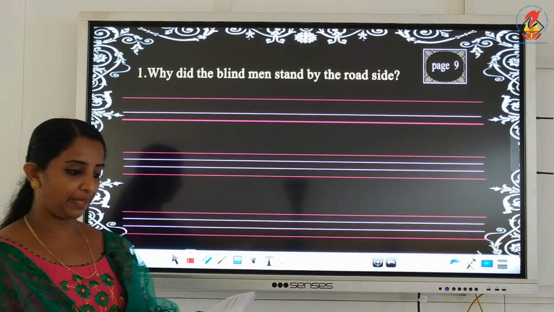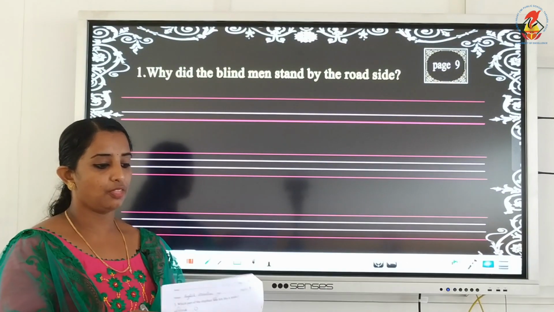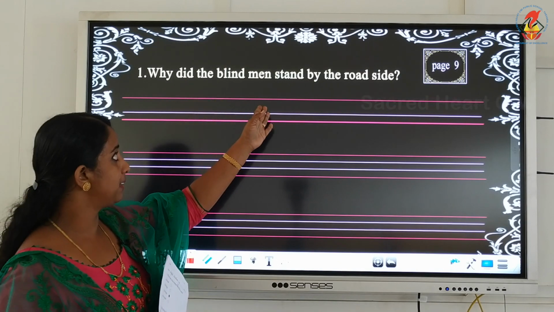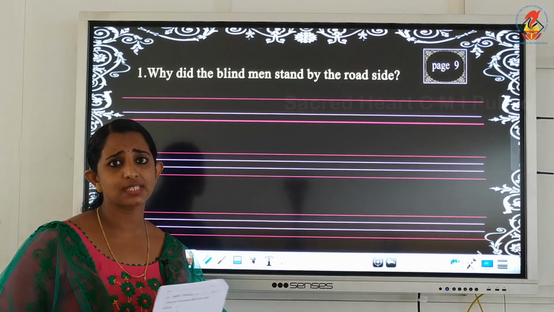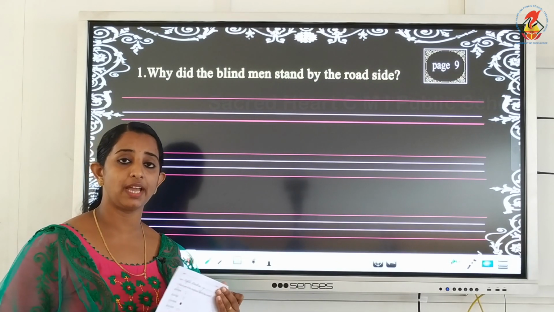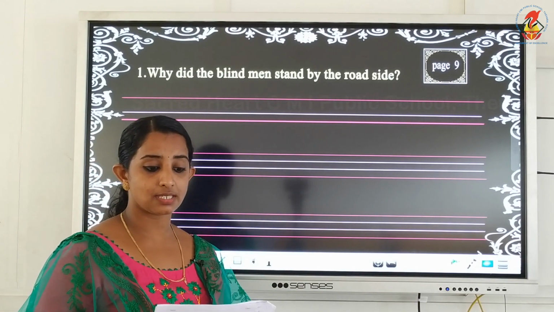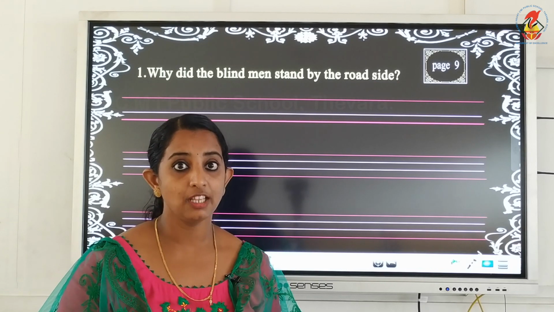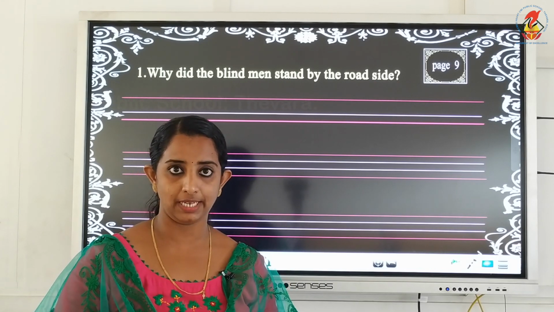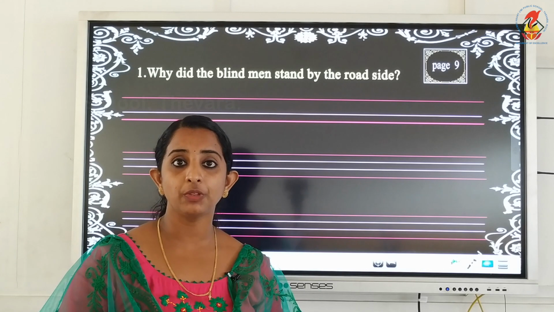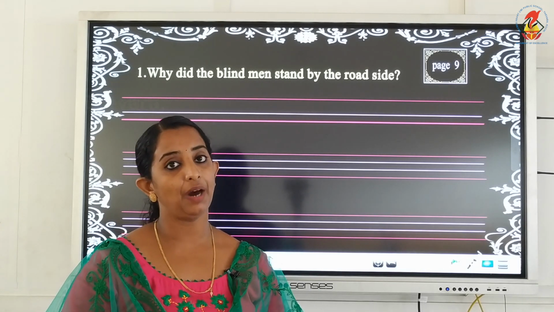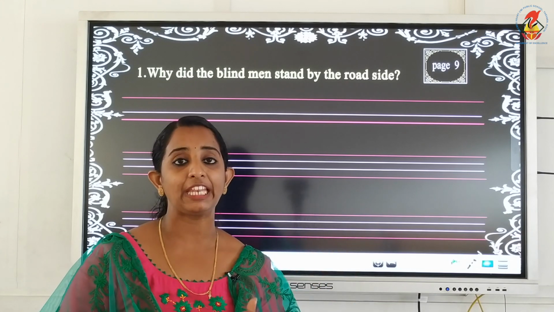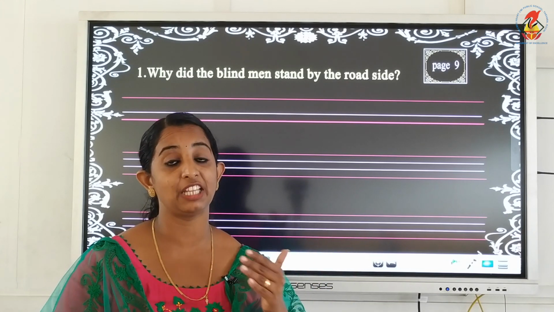Now, moving on to page number 9, the first question you have is, why did the blind men stand by the roadside? Why did they stand by the roadside? Because, what happened? Can you tell me? The blind men stood by the roadside to beg from the people who passed by them. I have told about this towards the beginning of the story, that they were blind and they were homeless.